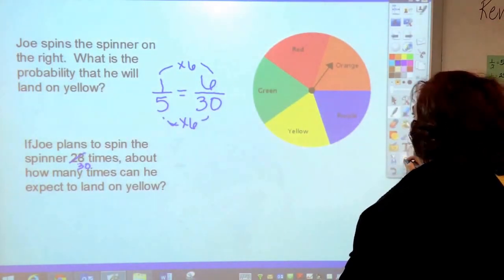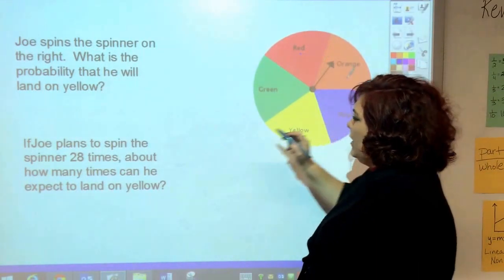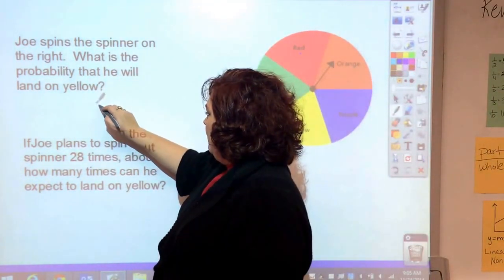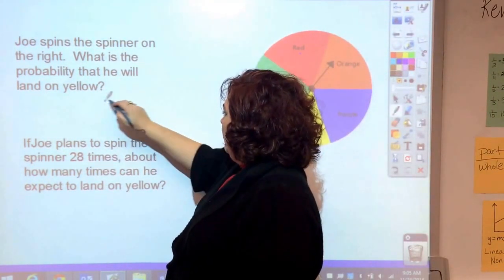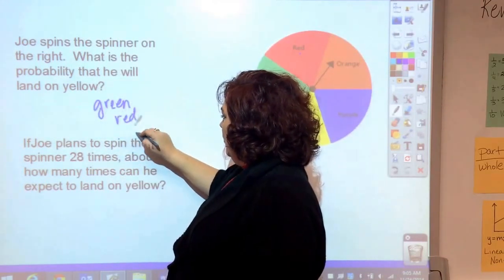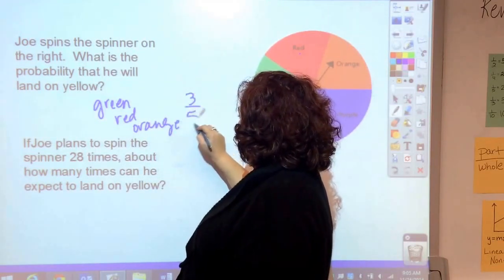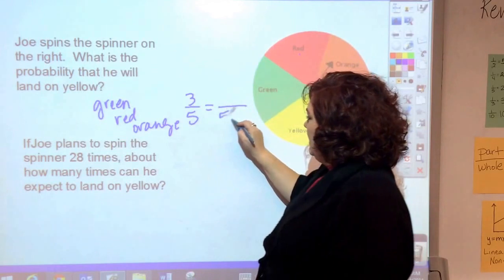Now, if I wanted to find the prediction of landing on green, red, or orange, that's 3 out of 5, and I'm going to spin the spinner 50 times.